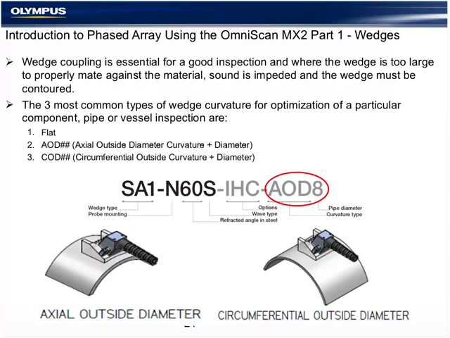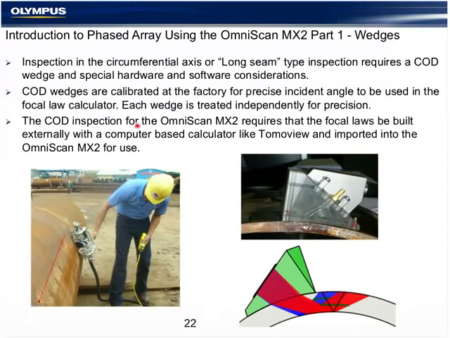Some of these require special consideration in the calculator. Some of them, like the axial outside diameter that you see here, are designed so the height of the elements are the same as flat, and it's not a consideration.